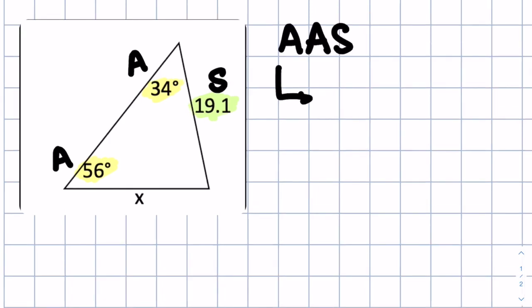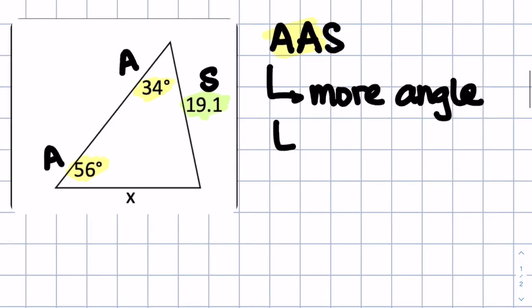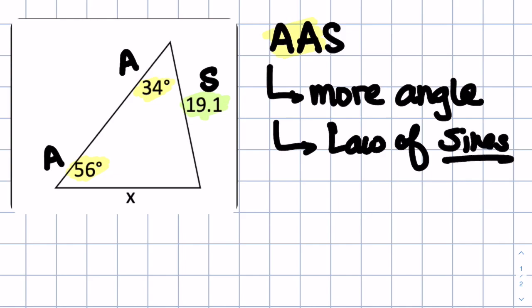Well, I see more A's than S's, so that's more angles. And if we have more angles, which rule is that? That would be the law of sines. So this would be a really good example to use the law of sines on.